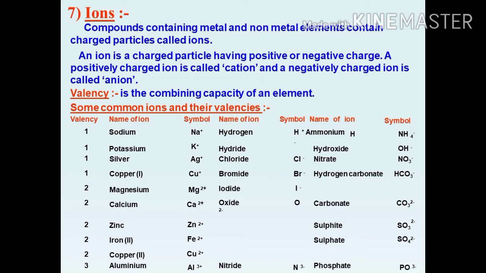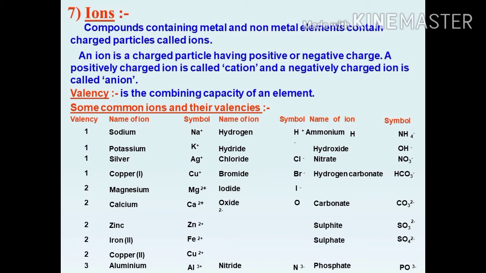What is the definition of valency? It is the combining capacity of an element. For making a compound, these ions need some valencies. Then calcium 2, zinc 2, iron 2, copper 2, aluminium 3. Then see hydrogen, hydride, chloride, bromide, iodide and oxide.